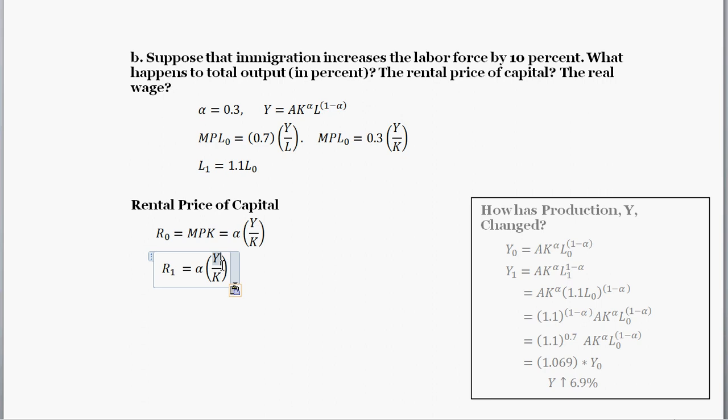The thing is, given the increase in labor, labor's gone up by 10%, we know that output is going to increase. So that's output sub 1. And output sub 1 is equal to a 6.9% increase in initial output. So that's 1.069 times the initial output. So we can simplify this to the following.